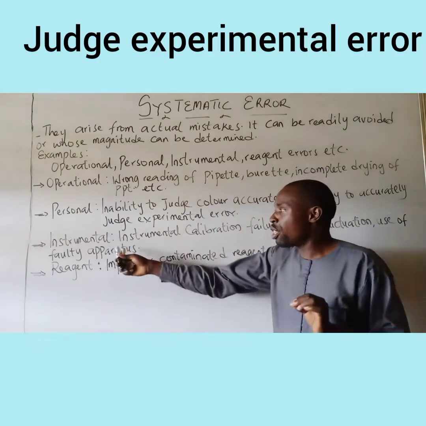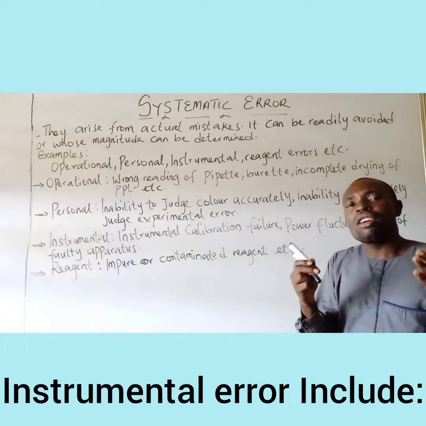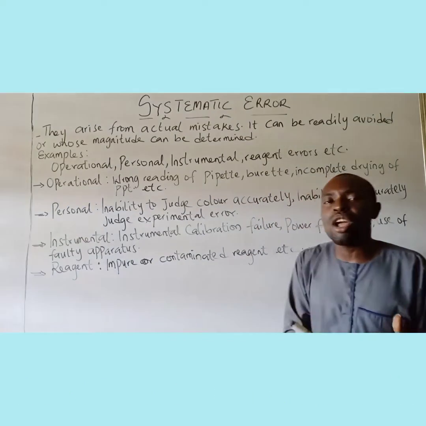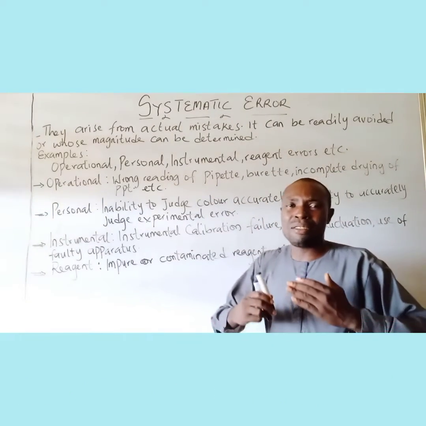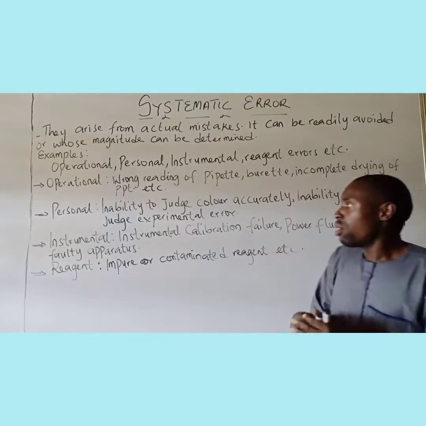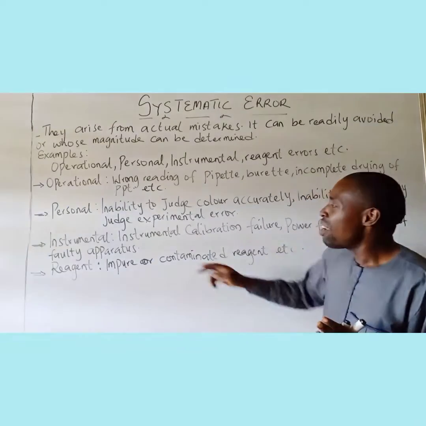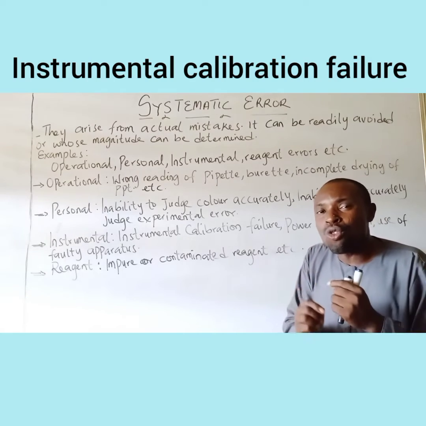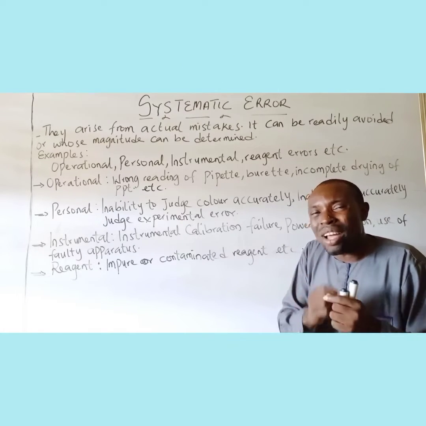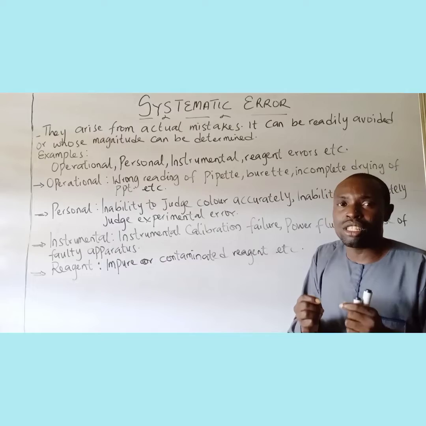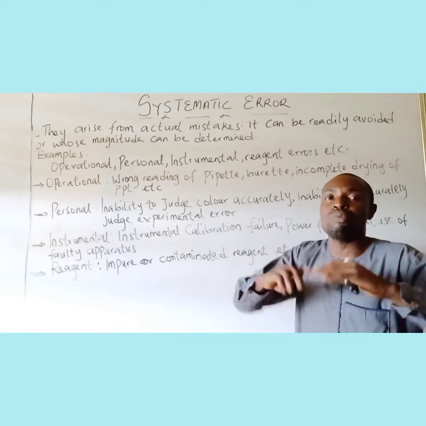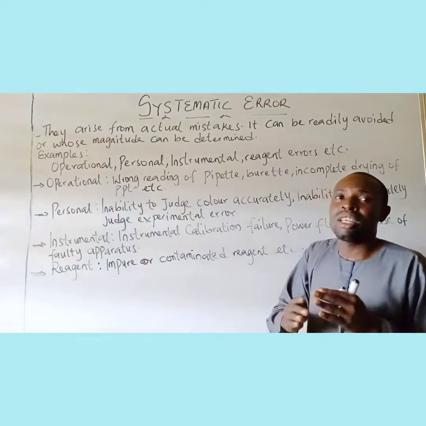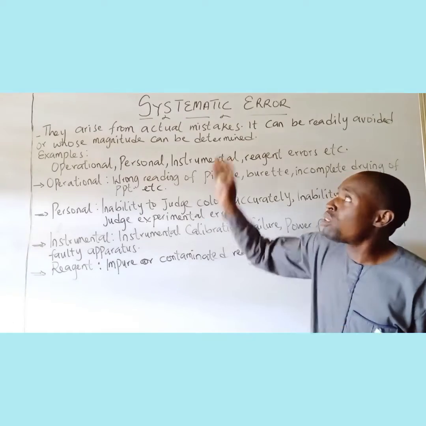Next, what we call instrumental error. Under instrumental error, we have instrumental calibration failure. When you are having issues on how to calibrate the instruments that you are to use for a particular experiment, such error is an instrumental error under systematic error.